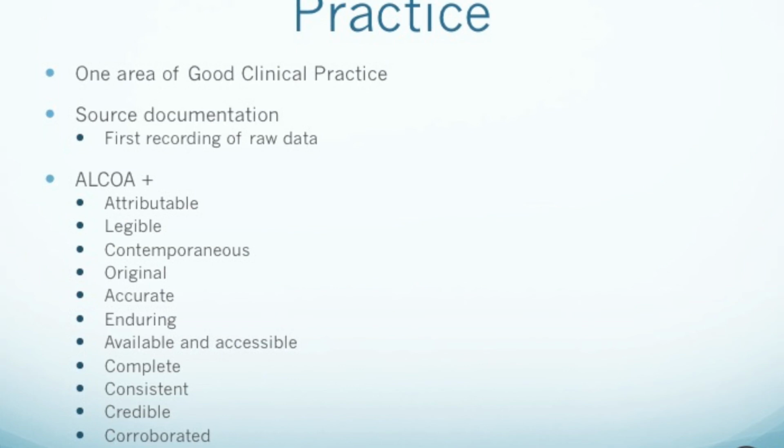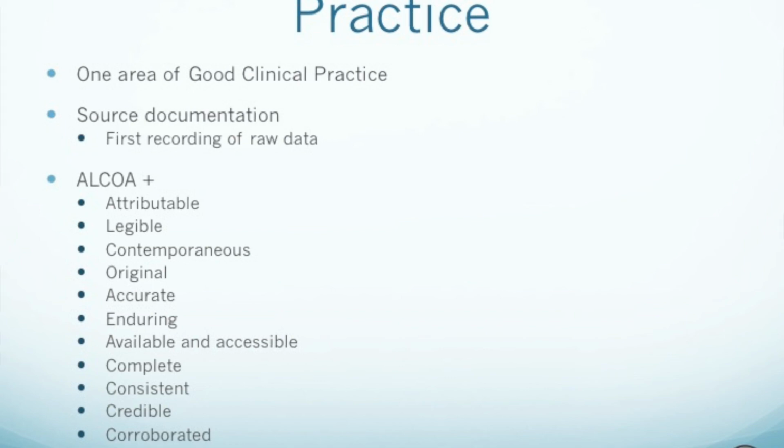Consistent means that data is collected in the same way from visit to visit. So ideally, we would use the same vital signs machine for each patient, for each visit, the same exam room, and this is for multiple reasons.